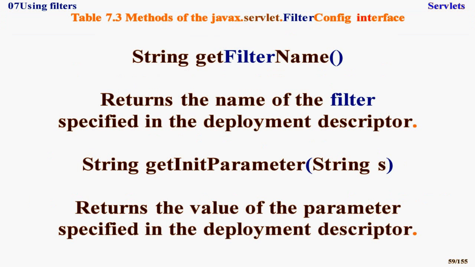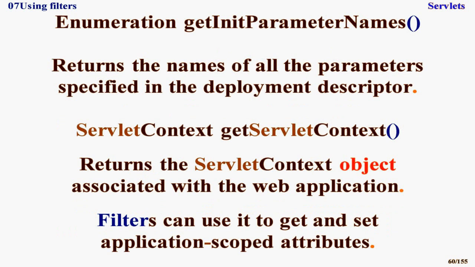String getFilterName() returns the name of the filter specified in the deployment descriptor. String getInitParameter(String s) returns the value of the parameter specified in the deployment descriptor. Enumeration getInitParameterNames() returns the names of all the parameters specified in the deployment descriptor.